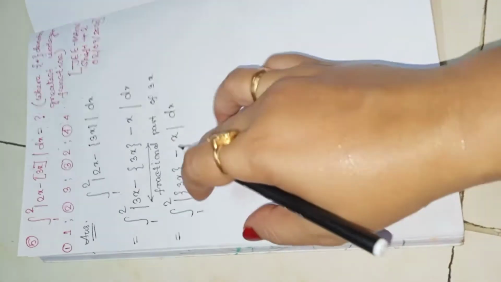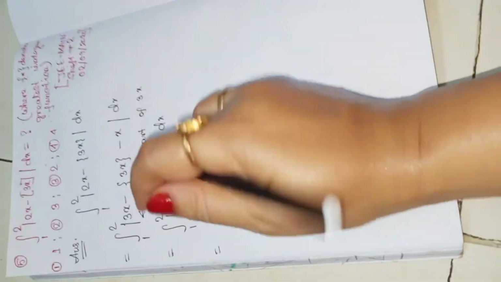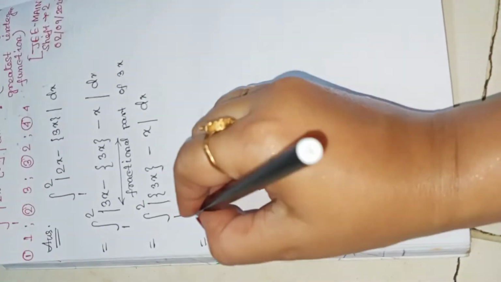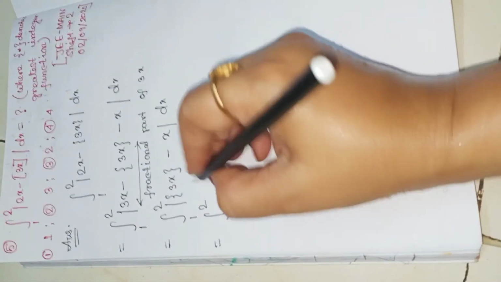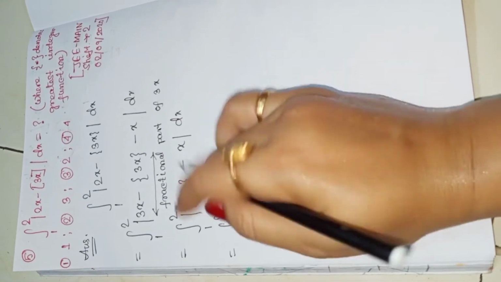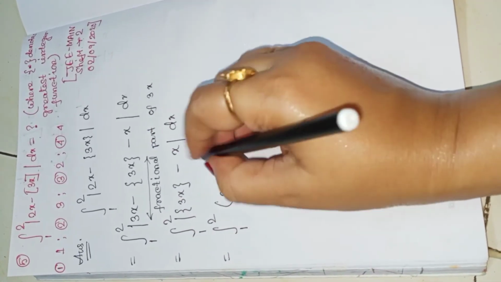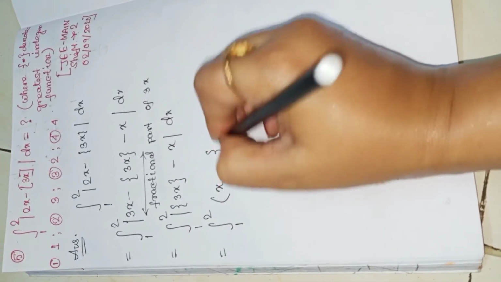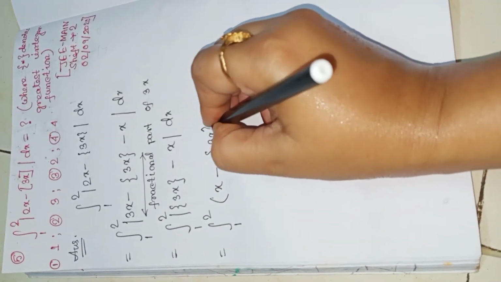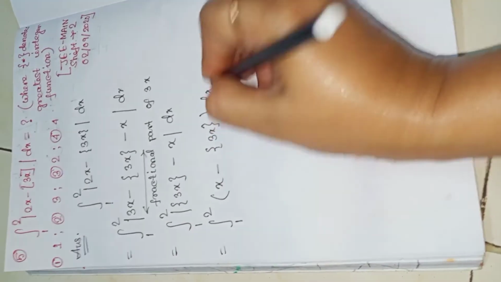Now when the modulus is removed, between the limits 1 to 2 it becomes minus of x, so minus of x means x minus the fractional part of 3x, dx.